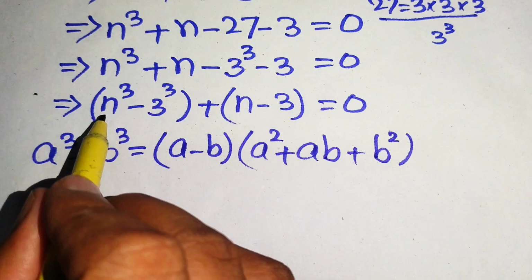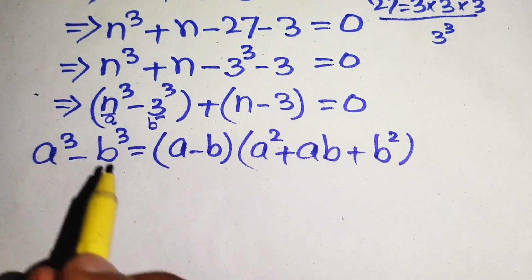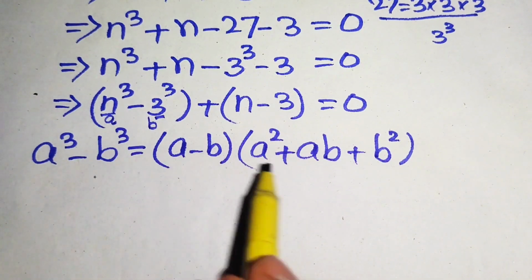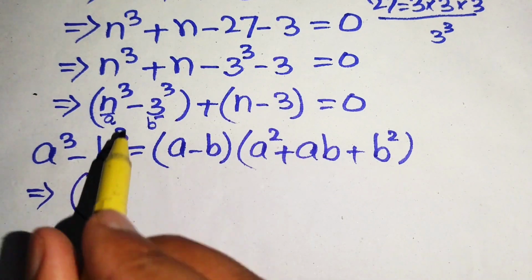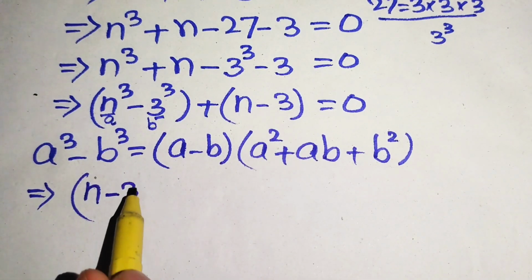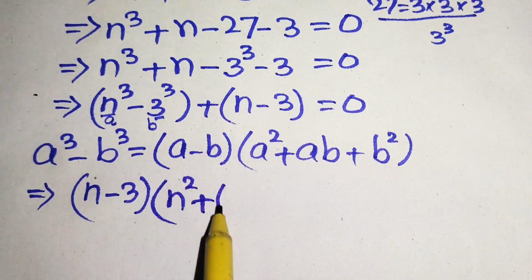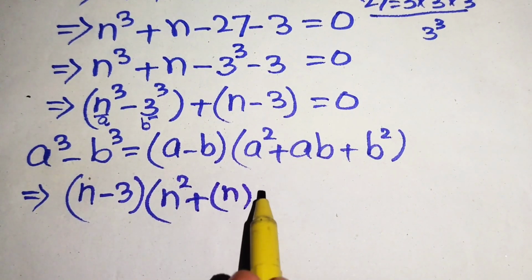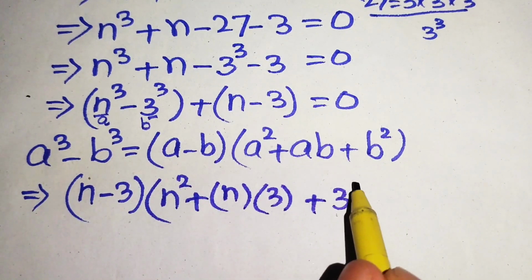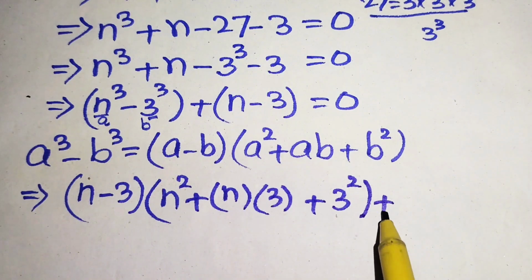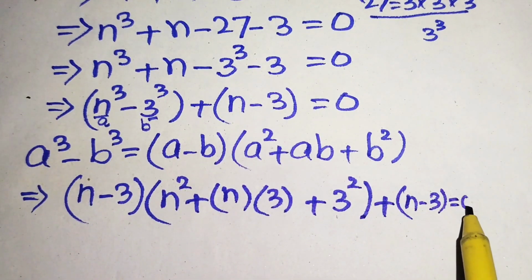This n is our a and this 3 is our b. Substituting these values, we get n plus 3 times n square minus 3n plus 3 square, and plus n minus 3 equals 0.